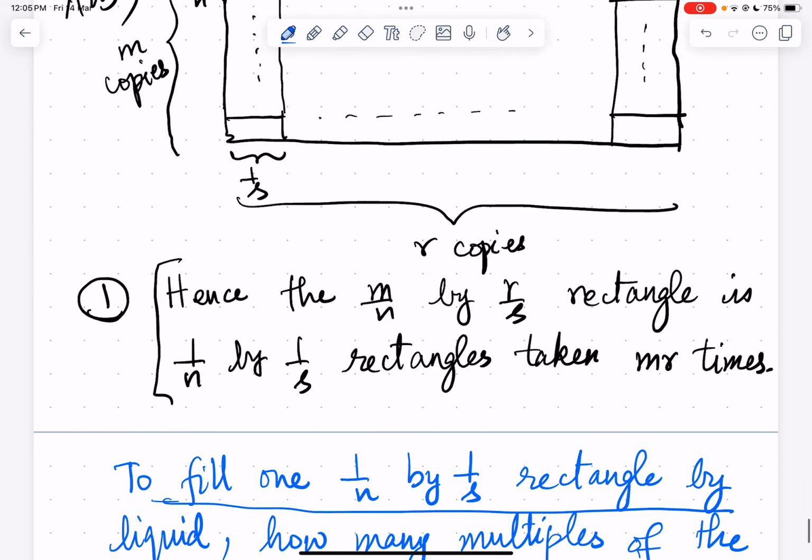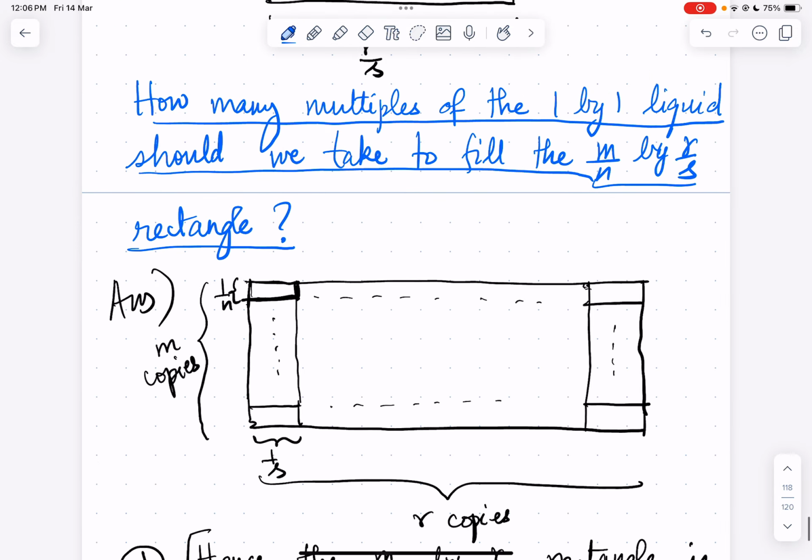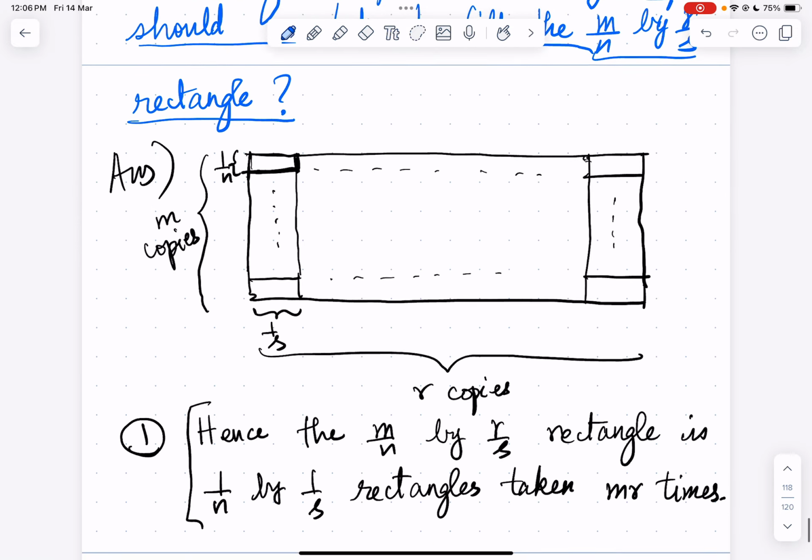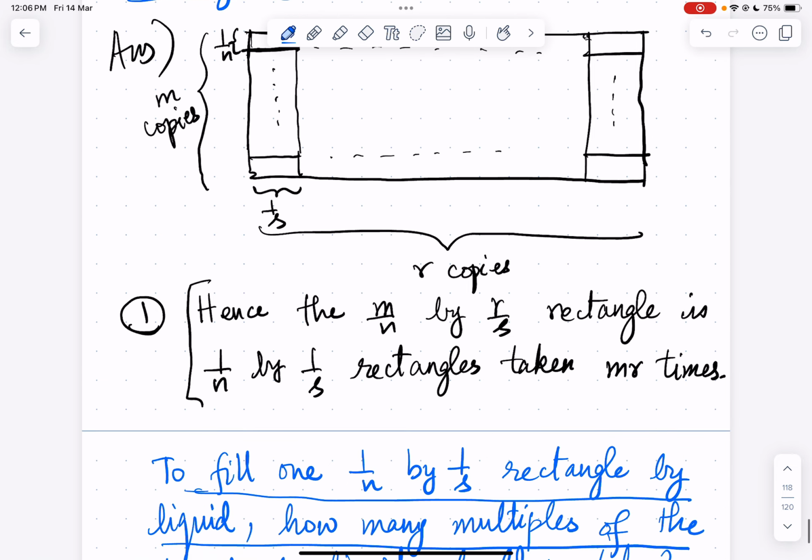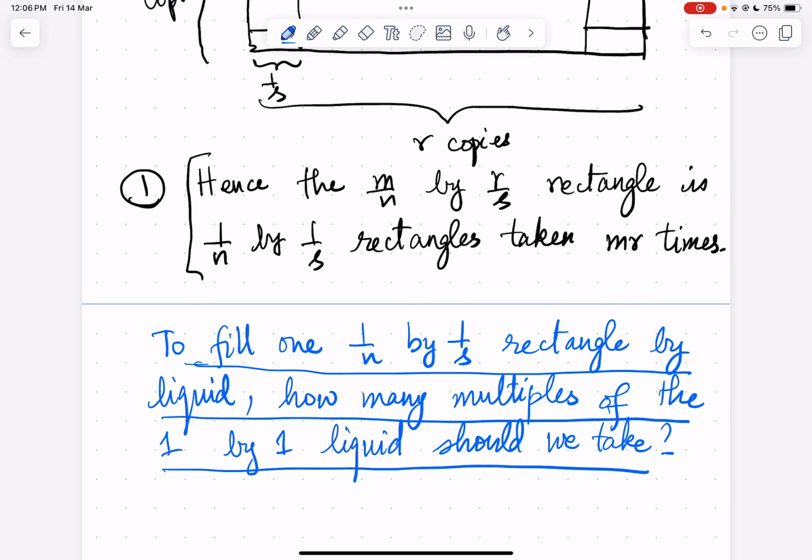So we have divided the original rectangle into mr copies of 1 by n by 1 by s rectangles. Now we can ask, to fill one 1 by n by 1 by s rectangle with liquid, how many multiples of the 1 by 1 liquid should we take?